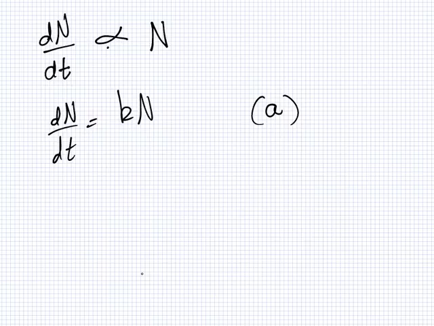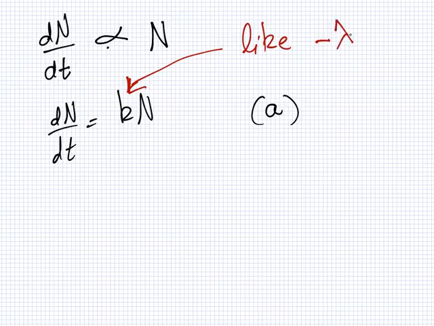Maybe decay, radiation? What is this k like in my maths formula here? It's like the minus lambda in the decay formula in physics, no? Because remember what this is? This is the activity.